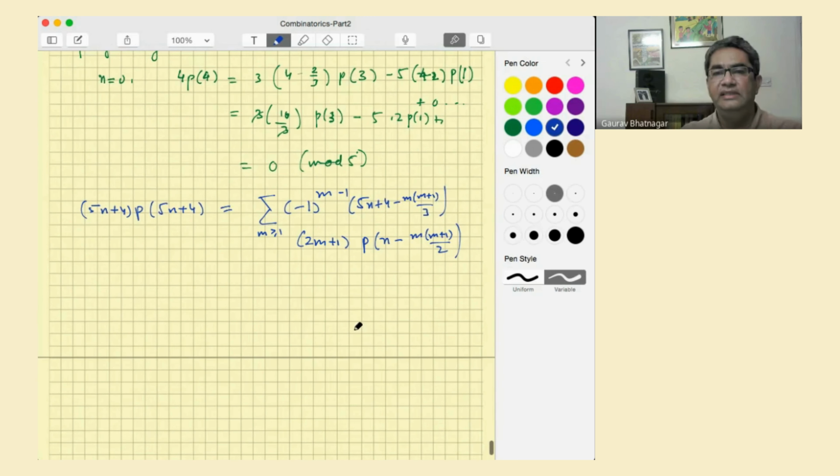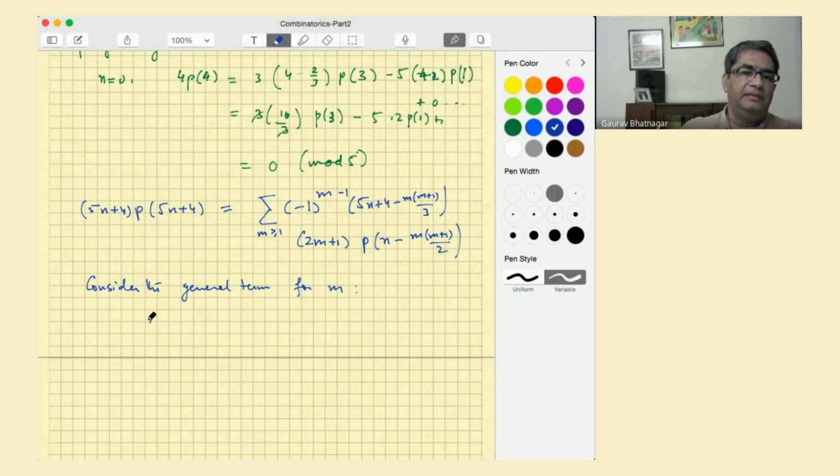All these terms are smaller than 5n plus 4. So if I can prove that this general term is 0 mod 5, I'm done. So consider the general term: minus 1 raised to m minus 1, 2m plus 1, (5n plus 4 minus m plus 1 over 3), and p(n minus m plus 1 over 2).